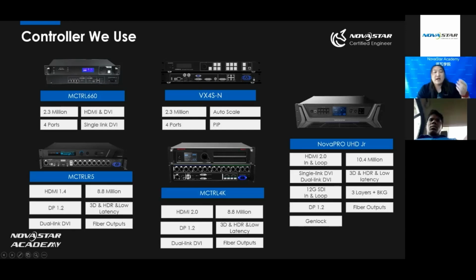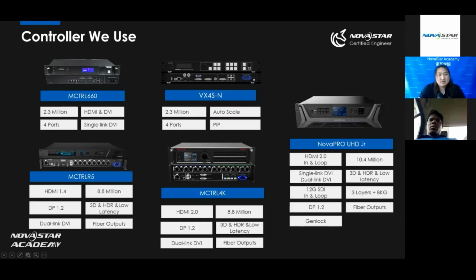So that means we have to use HDMI to do the loop. We cannot give the DP signal in and HDMI loop out. No. And second, it supports single link DVI and dual link DVI. And also it has 12G SDI and loop, DP 1.2, and it also has a genlock. And for the loading capacity, it is up to 10.4 million pixels.